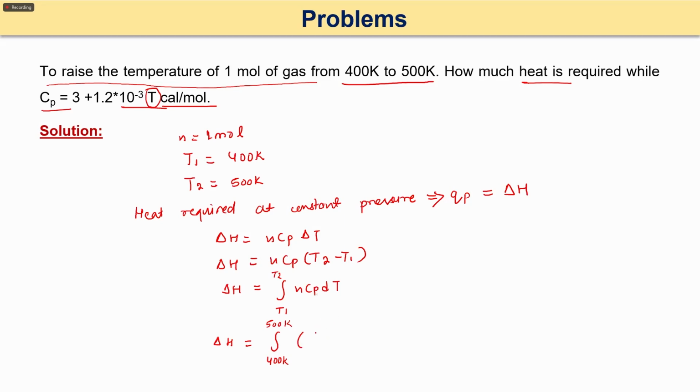So Cp, let us write the value of Cp: 3 plus 1.2 into 10 to the power minus 3 into T. I'll just add a slide because it is a long problem. So we need some space to solve the question. So let me just add a slide.